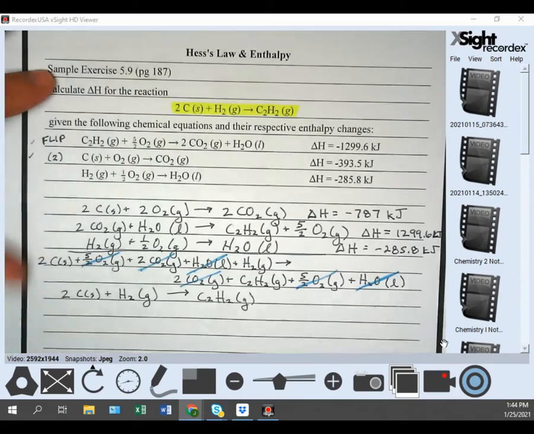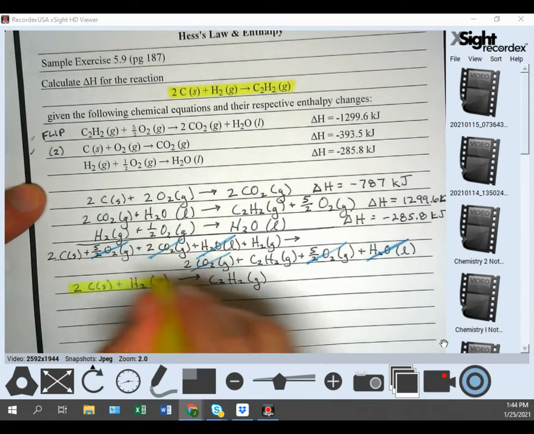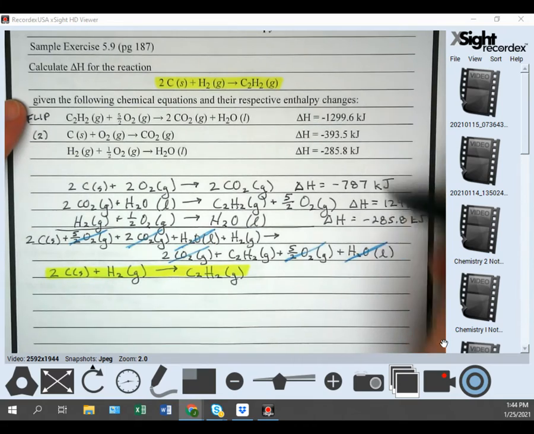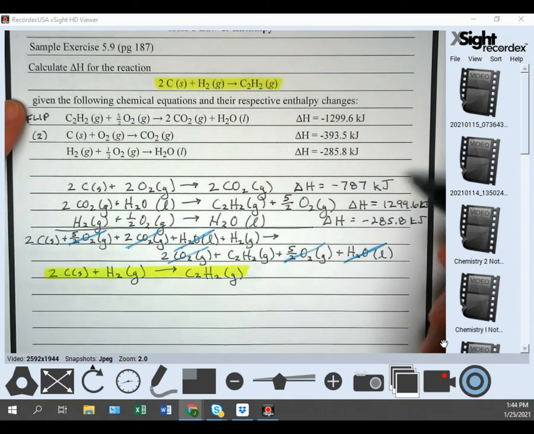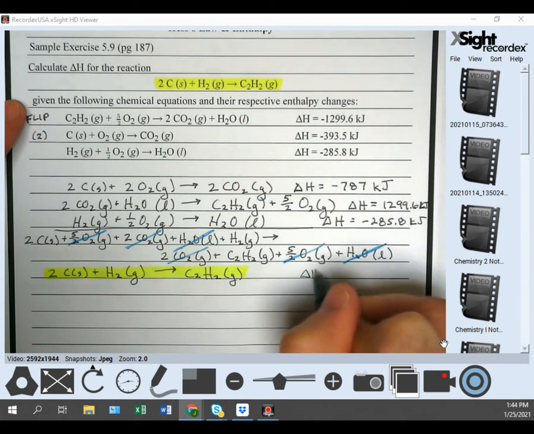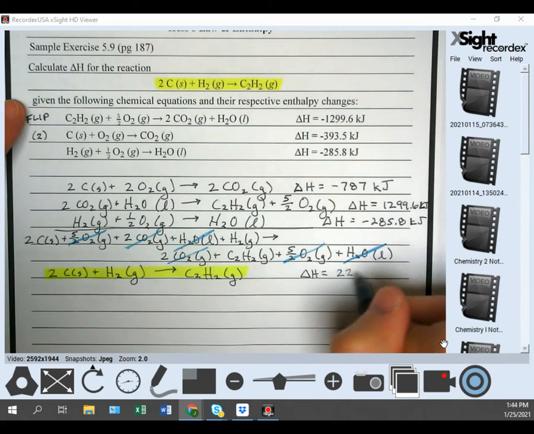That's it, which is our goal equation, right? And now to get the total, we just add together all of our delta H's here that we figured out, and we get a delta H of 226.8 kilojoules, which is our answer.